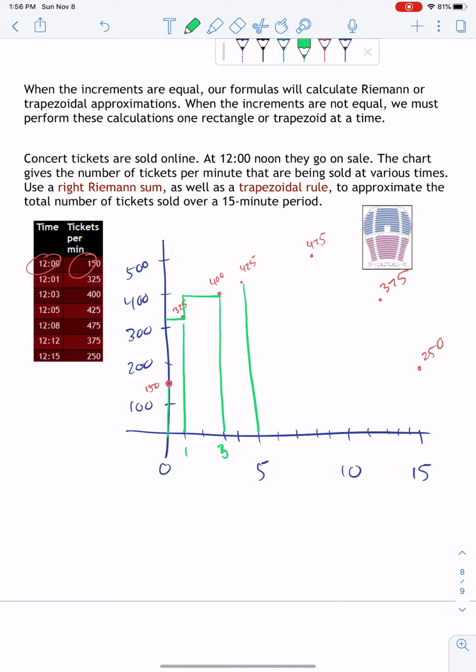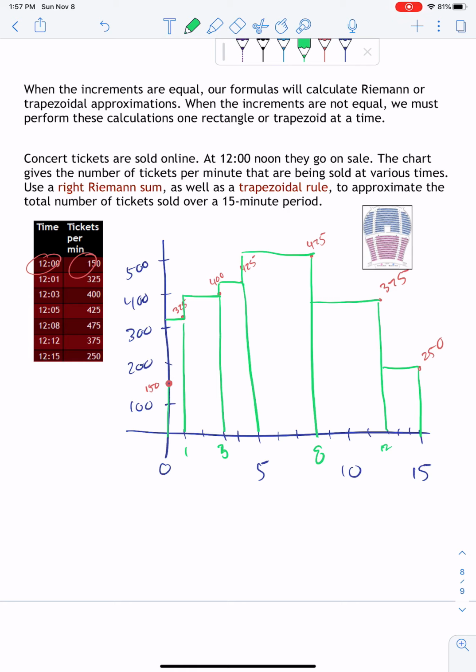Now I'm using my right Riemann sum, so I'm going to the right end of the interval. So this interval ended at 5. The next interval ends at 8. So that's where I'm going to draw my rectangle height. I'm going to draw it at that 8-minute mark. Then I'm going to end at 12 minutes, which is right here. And that's the height that I'm going to use. And then at 15 minutes, I'm going right here.